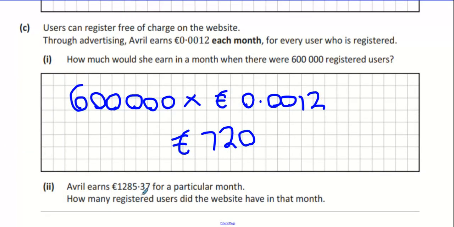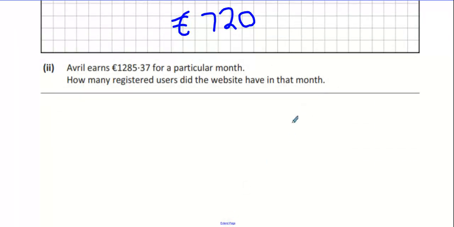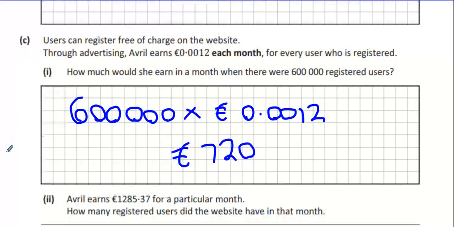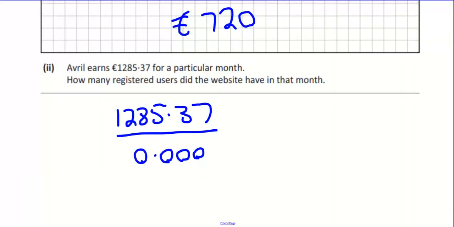Avril earns this much for a particular month. How many registered users did she have that month? So she has this much money, and how much does each person contribute to that money? Three zeros. So you divide the amount of money by the amount contributed per user. And how many users was that then?